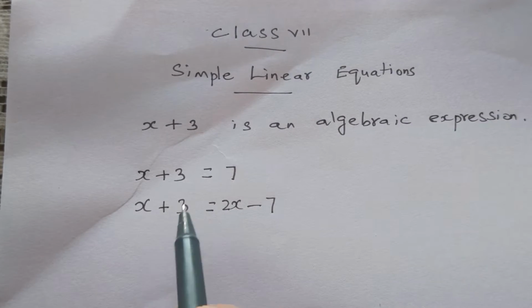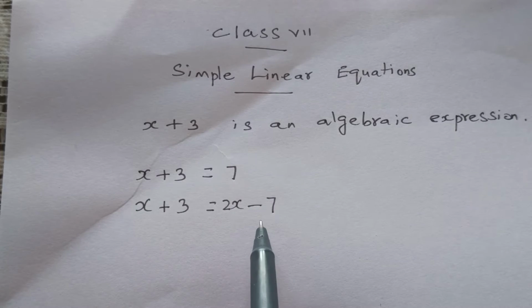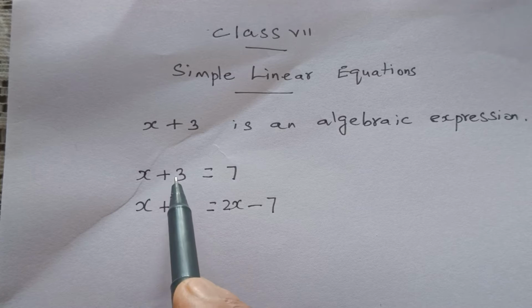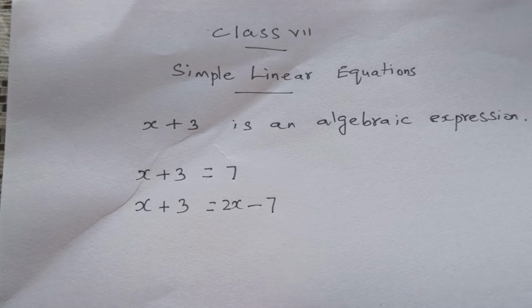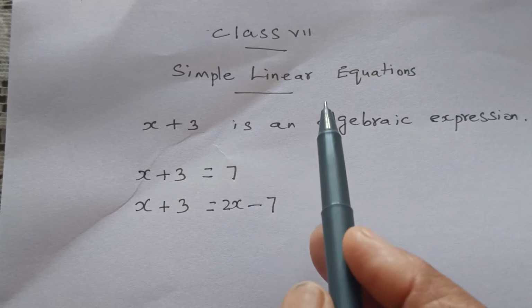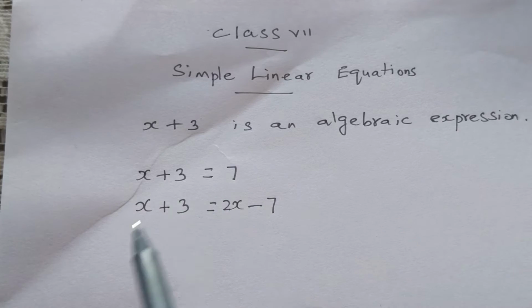This way also you can have an expression equated to another expression. Such a formation of variables, numerals and mathematical operations put together is called a linear equation.